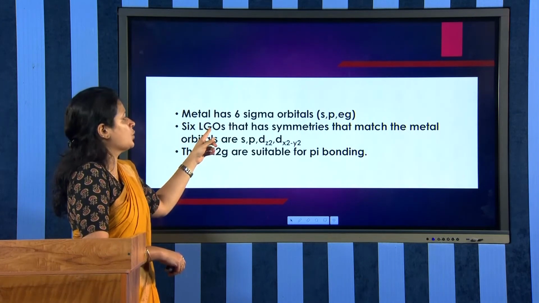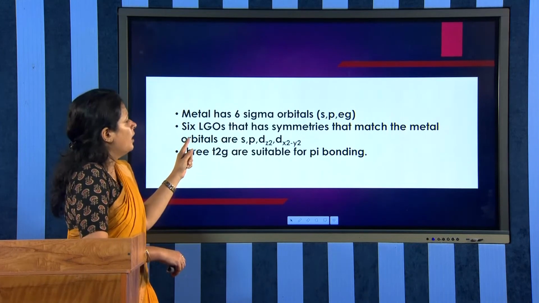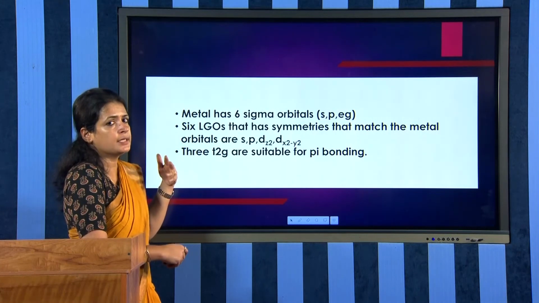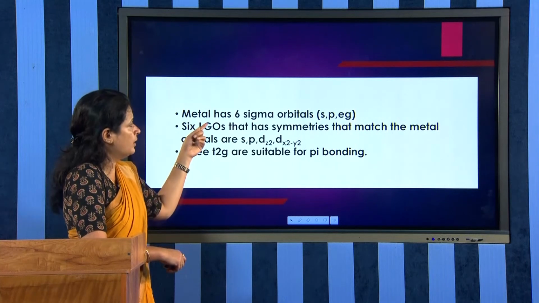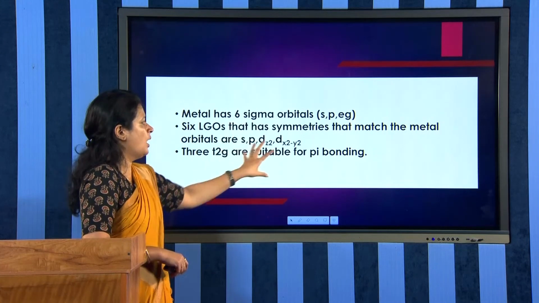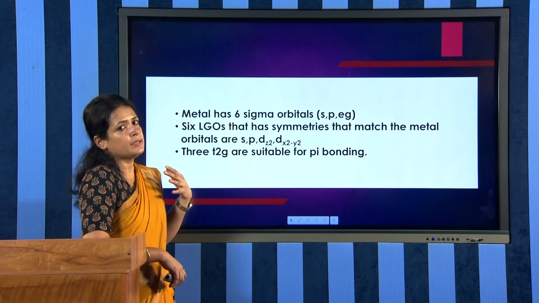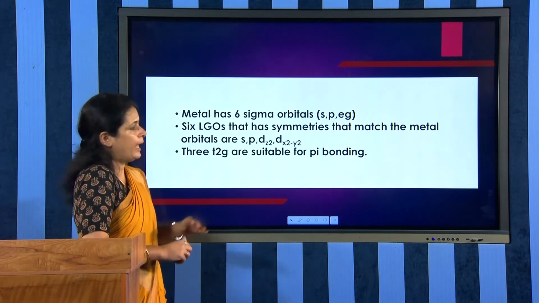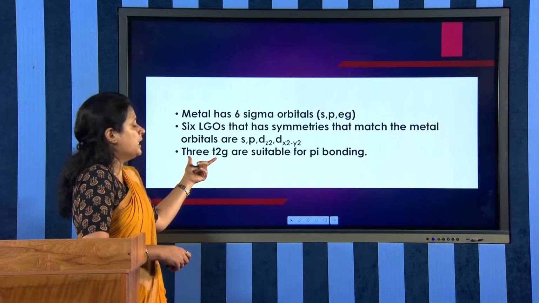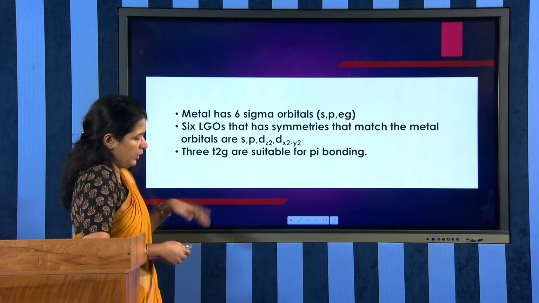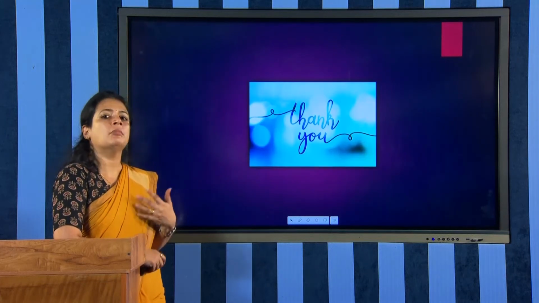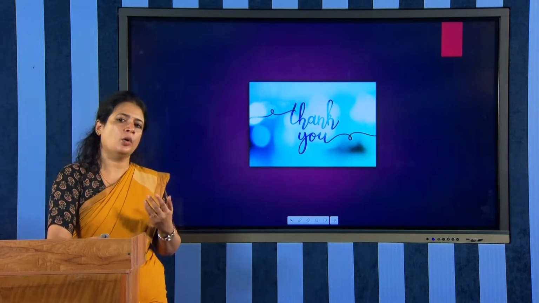The 6 LGOs must have symmetries that match the metal orbitals, that is s, p, dz square and dx square minus y square, and that is why they combine. The remaining 3 T2G orbitals are not suitable for sigma bonding, so they remain as such. Now we have studied how to construct the molecular orbital diagram of a complex.